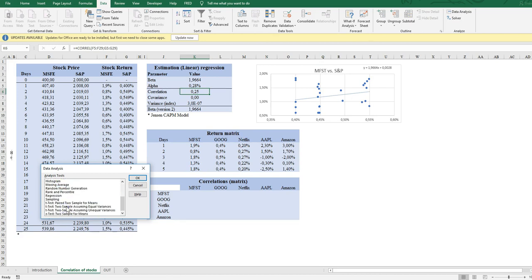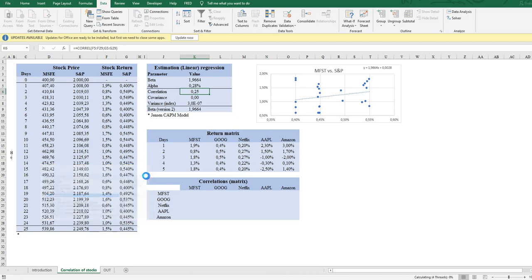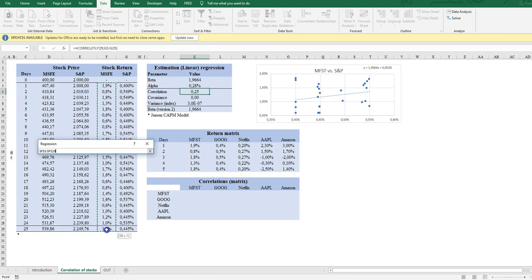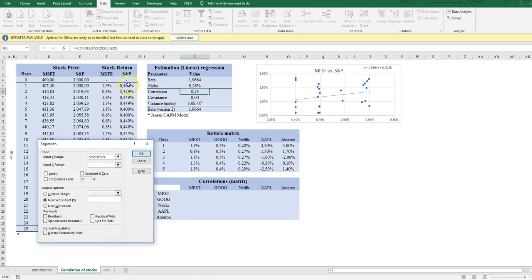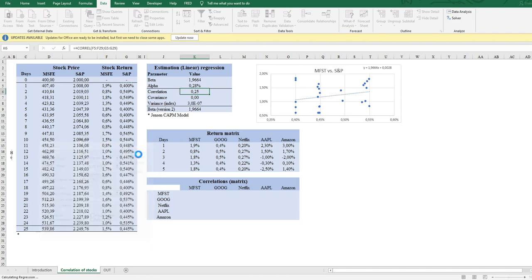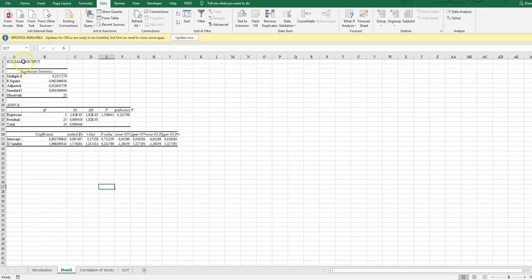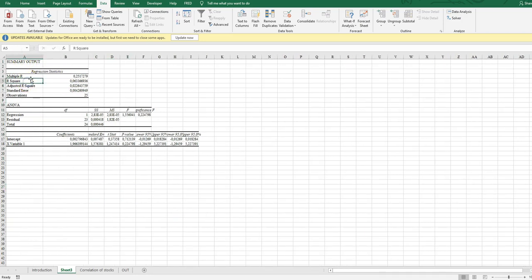Let's find the regression. It's here. Input the Y, Microsoft, input X, which is the S&P, and we will put the results in a new sheet. R-square, and we are just looking for the R-square here because we only have one exogenous variable, the S&P.